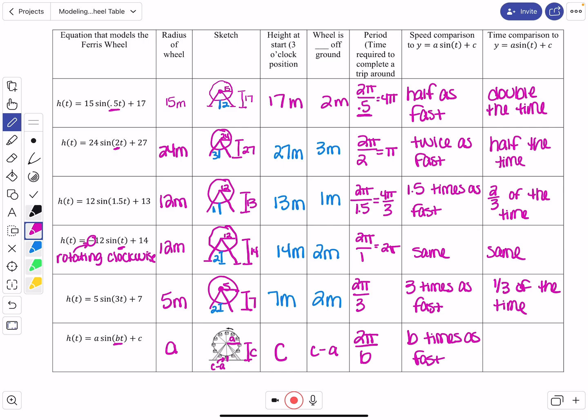And then for the time comparison, we said if it was 3 times as fast, it took 1/3 of the time. Or if it was twice as fast, it was half of the time. So we're going to turn that into a fraction. 1 over B of the time. And that's how you would do it with variables.